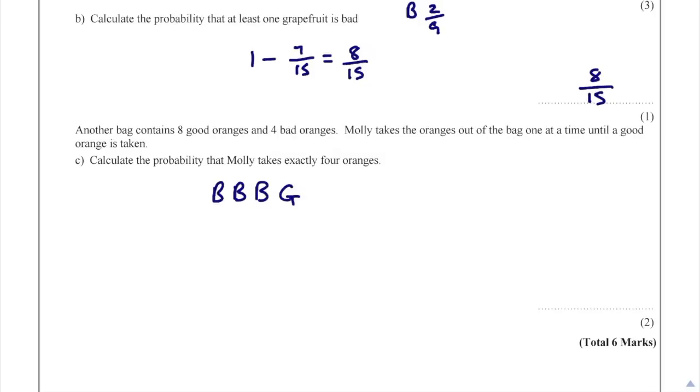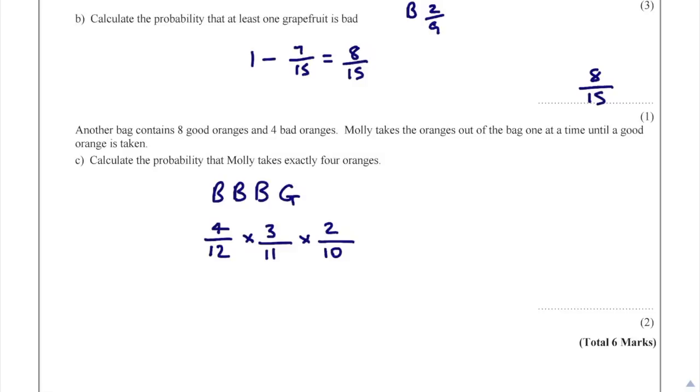So the probability of getting a bad orange to start off with is 4/12. She picks that bad orange out. She's left with 3 bad oranges out of 11 oranges. Okay, so that's after her 2nd attempt. Now she comes to her 3rd attempt. There are 2 bad oranges left over out of 10 possible oranges.